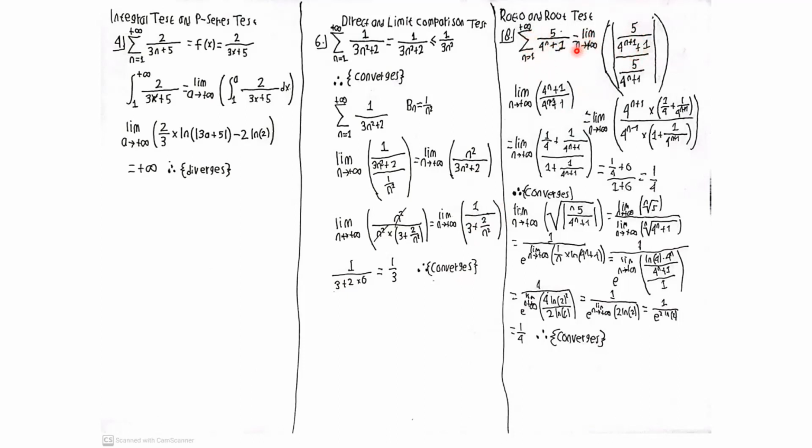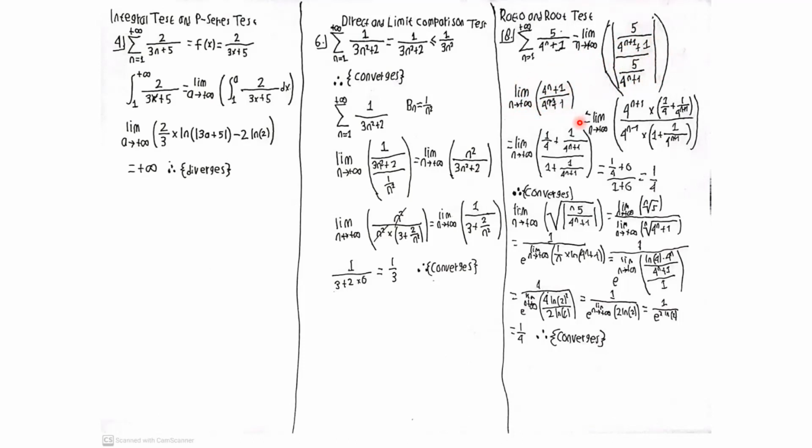So we will take the limit as n goes to infinity of 5 over (4n plus 1 plus 1), over 5 over (4n plus 1). So the limit will be the limit as n goes to infinity of (4n plus 1) over (4n plus 1 plus 1).